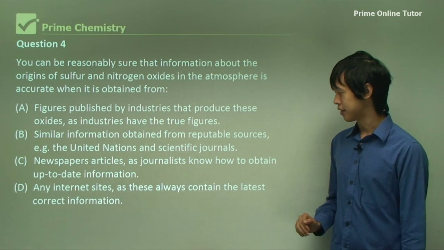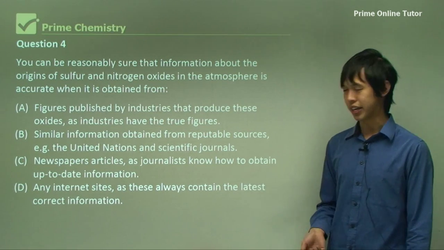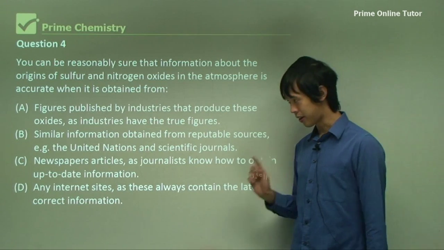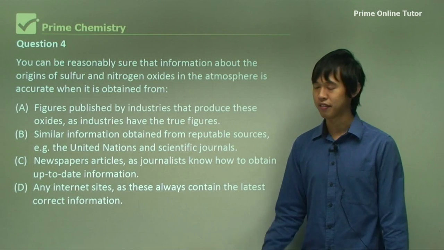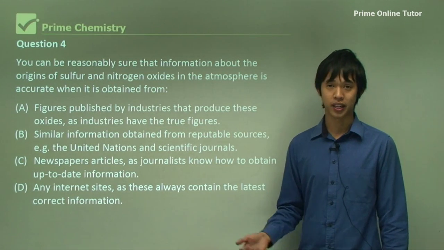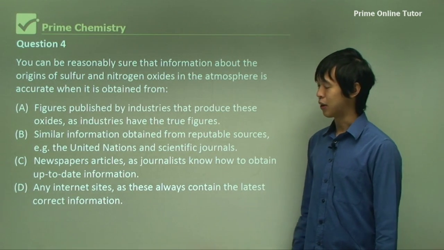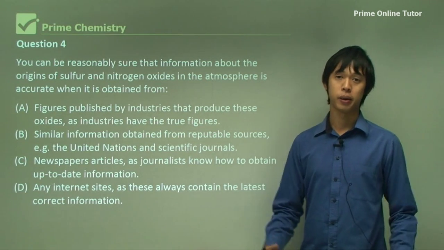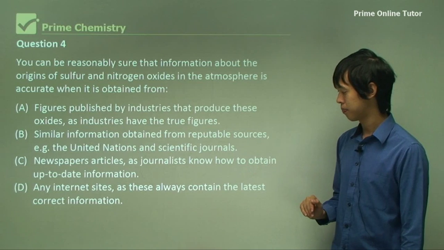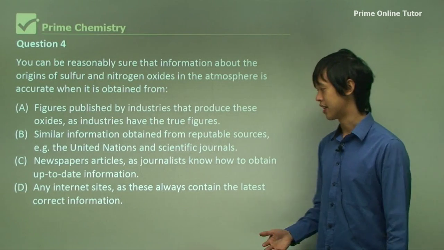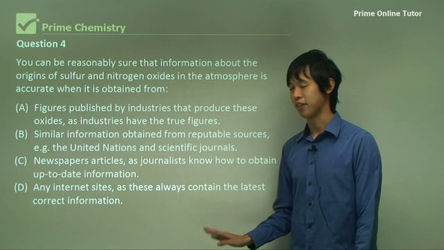So newspaper articles, as journalists know how to obtain up-to-date information. Again, they do know how to get information, but again, as I've read many newspapers in my life, a lot of them are not very accurate. So I wouldn't trust them as a scientific knowledge base. So again, that's probably not a good site of information. And any internet site, as these often contain the latest correct information.